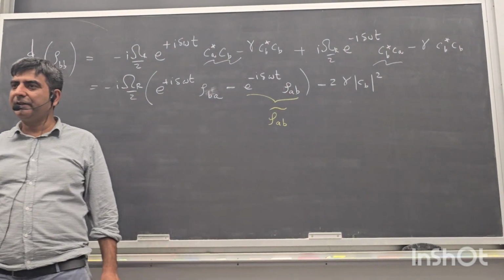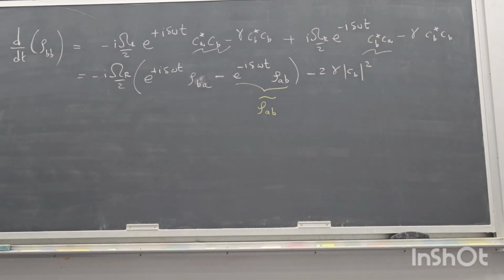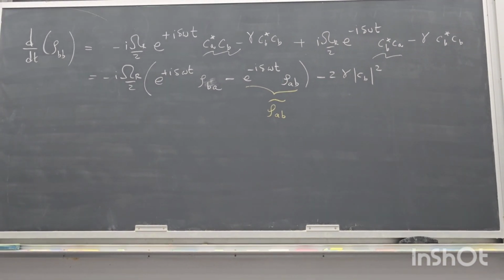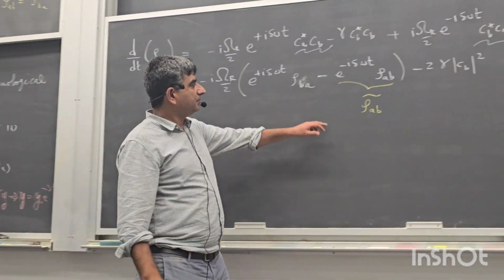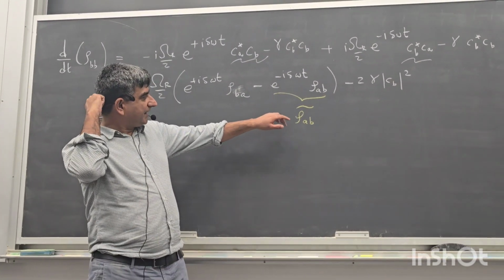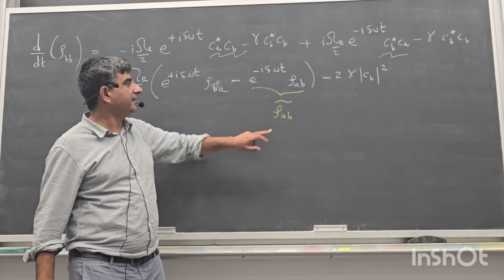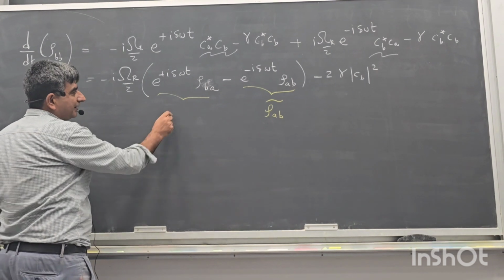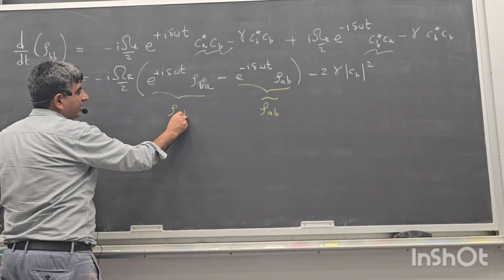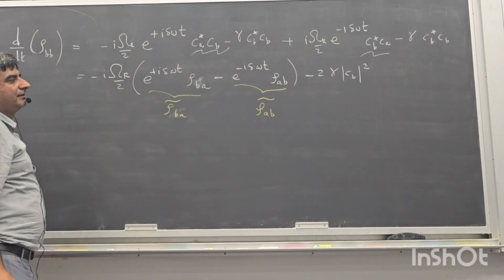So I'm moving in a frame that is itself rotating at the detuning frequency. Okay, this is going to an interaction picture in quantum mechanics. So just remember that I'm making a substitution of rho AB into rho AB tilde. Now this is the complex conjugate of this, so this is rho BA tilde, right?